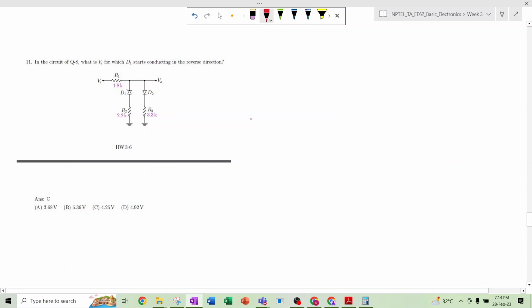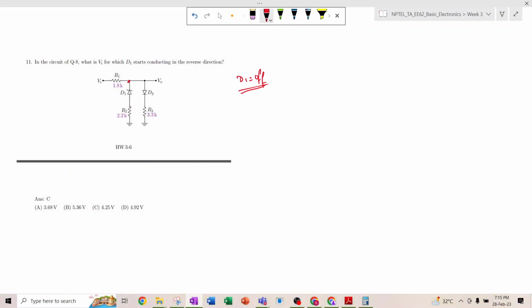Yeah. In the next question, this is a different question. It is asked: what is the value of Vi for which D1 starts conducting in the reverse direction? That means D1 is basically in the off condition, right? So, as I have already told, when D1 is off, find out the voltage across the two terminals of the diode.